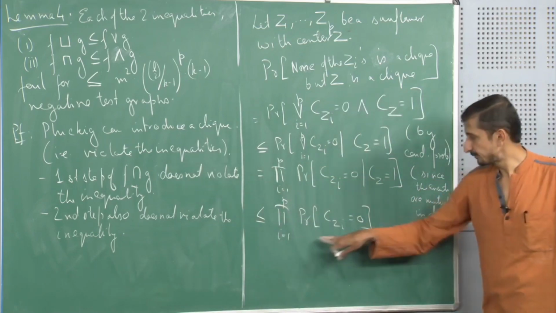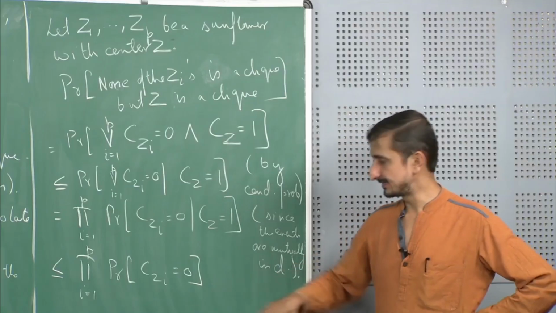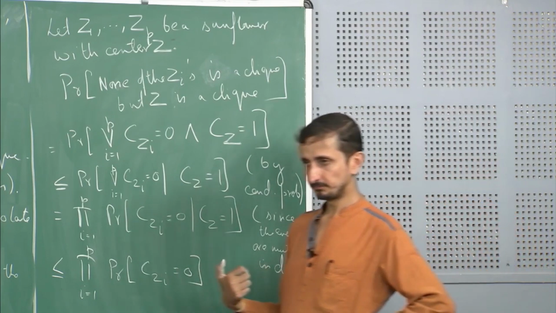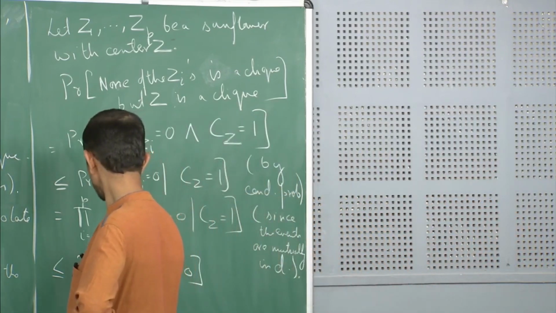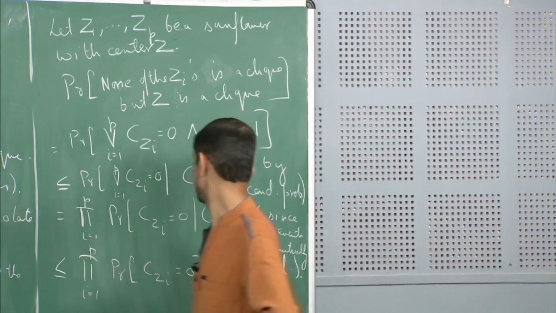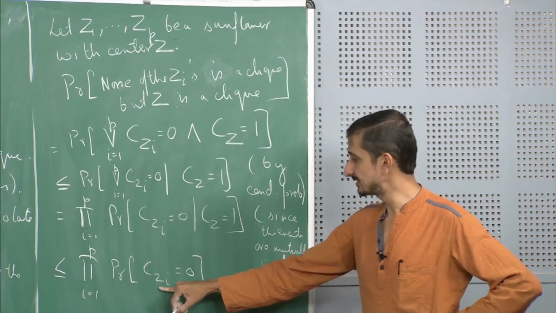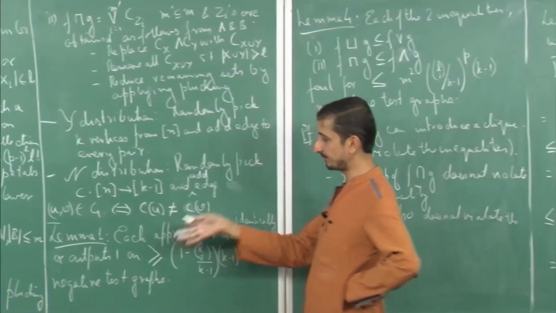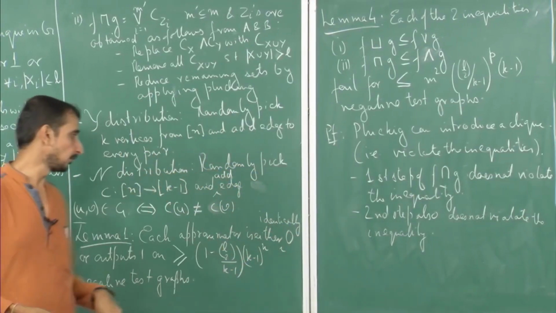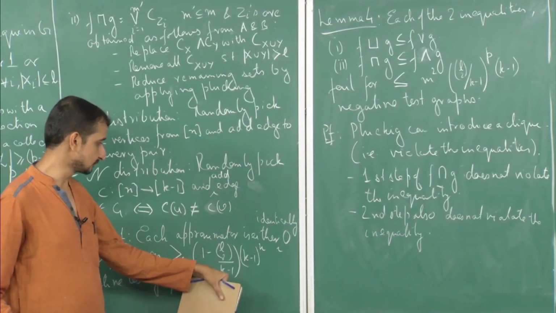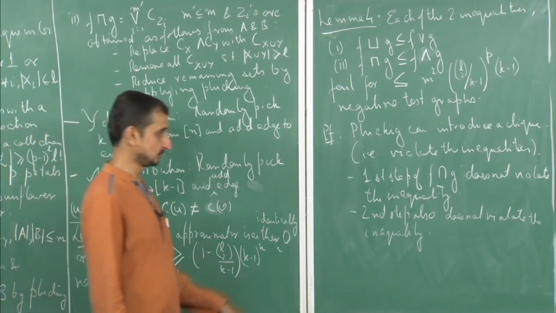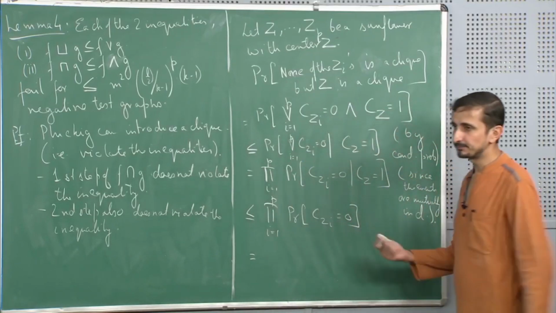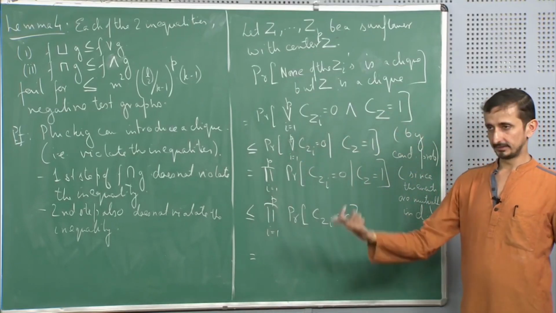Now what is the probability that a set Zi is equal to 0? These Zis are the petals. What does it mean to say it is 0? It means that this doesn't form a clique. We just computed this probability in the very first lemma. The probability that it does not have a clique is the probability that there are two vertices which are colored the same.